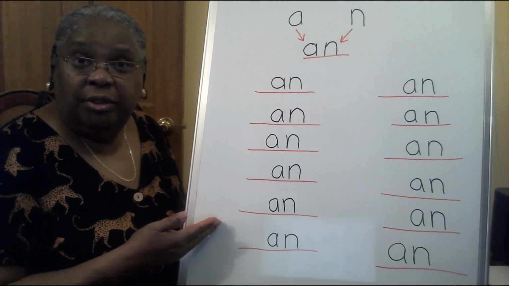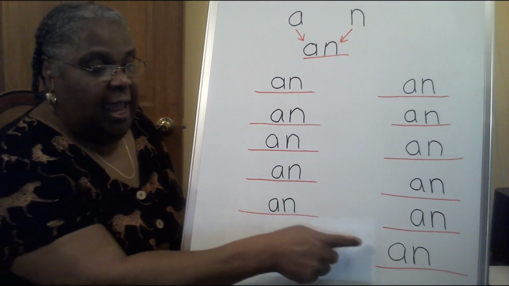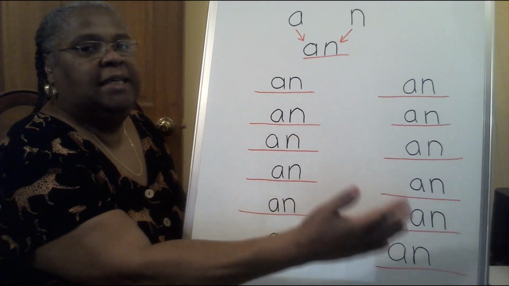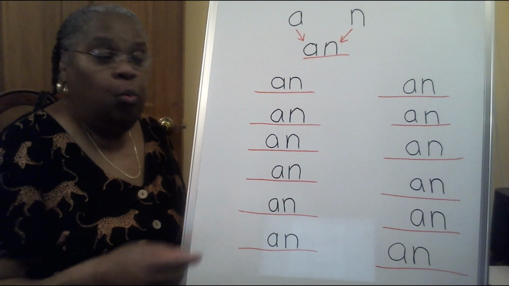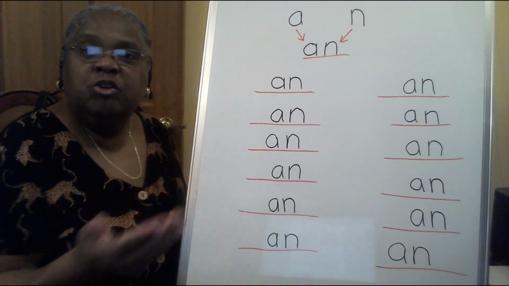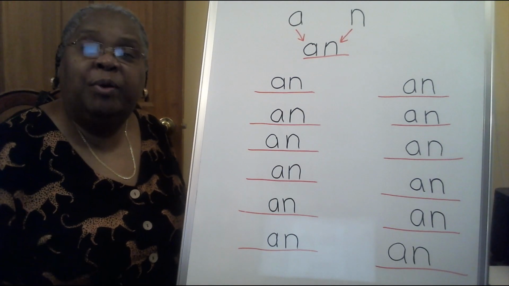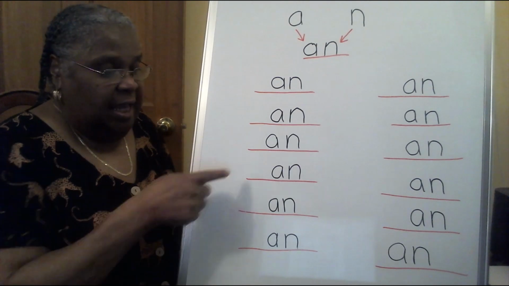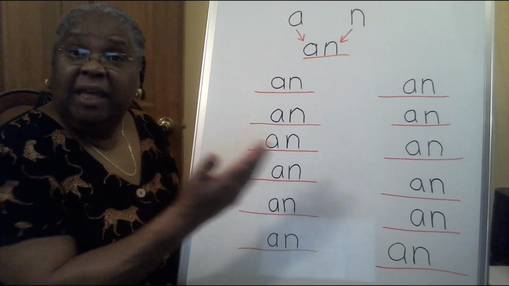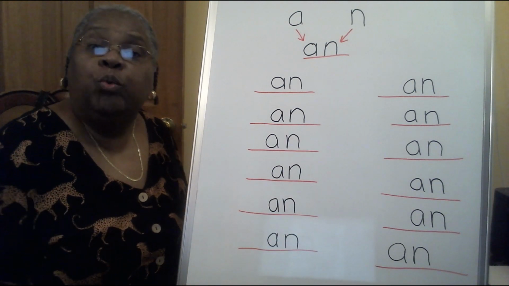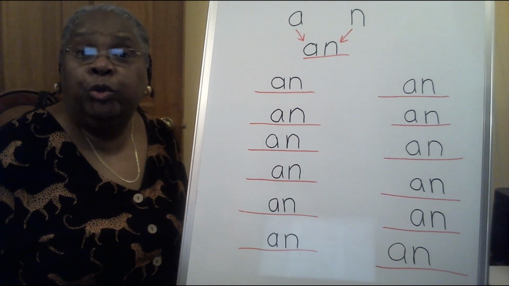On the board, we have the word an written many times. Here, the word an will be used as a blend to help us form new words. We will put a consonant at the beginning of each blend to form new words that have their own new meaning.